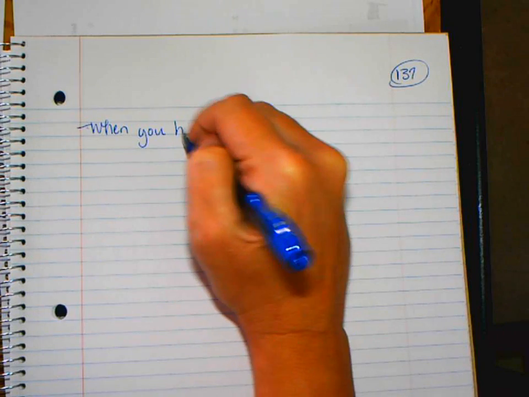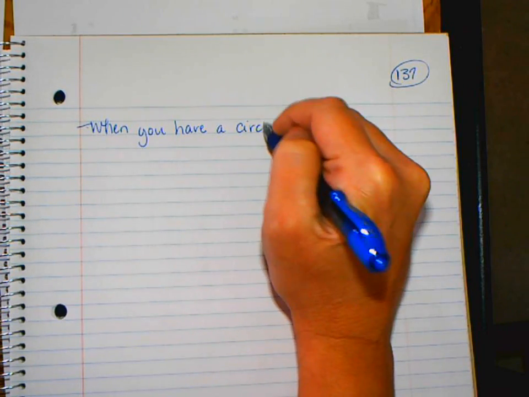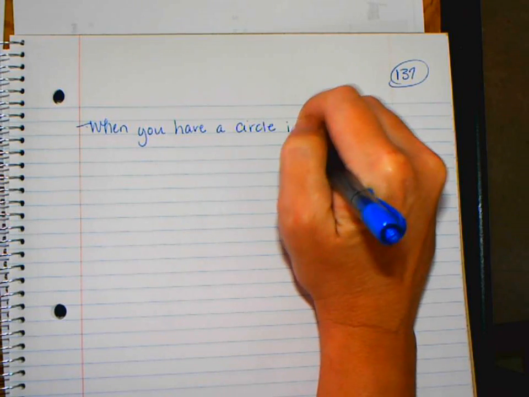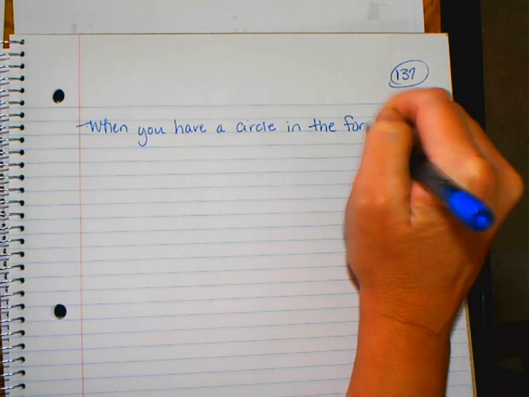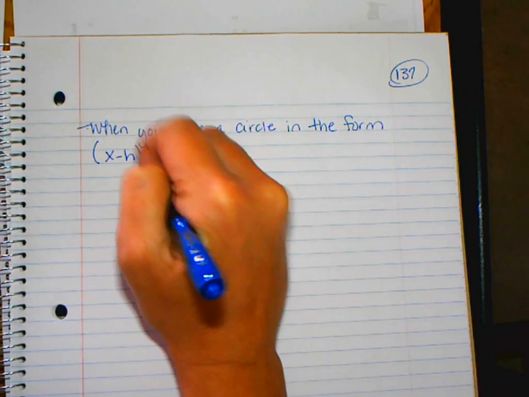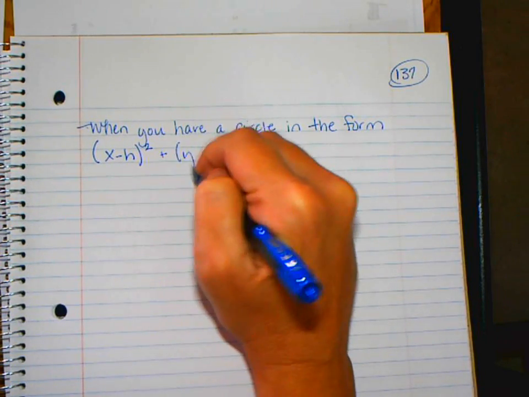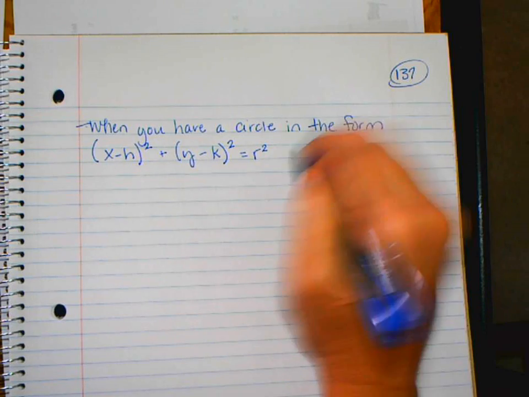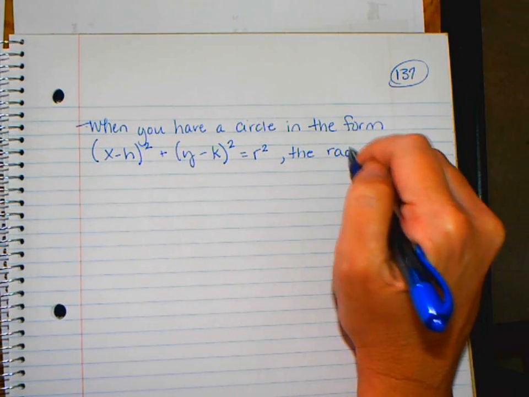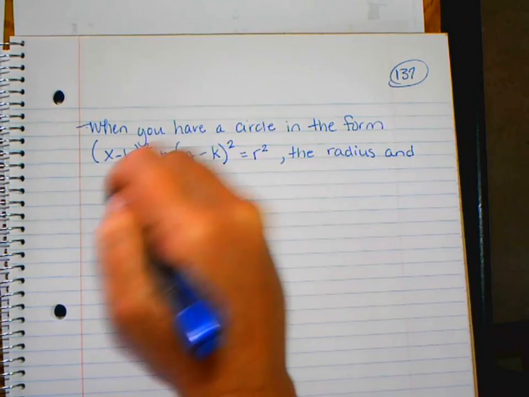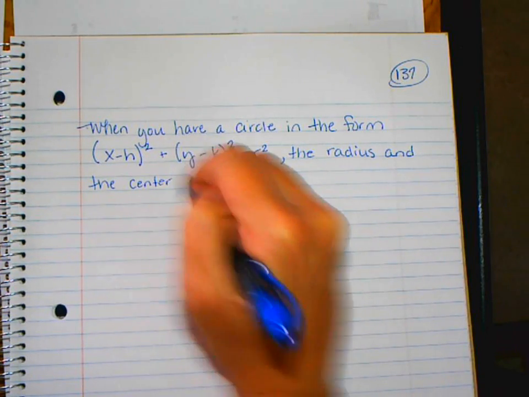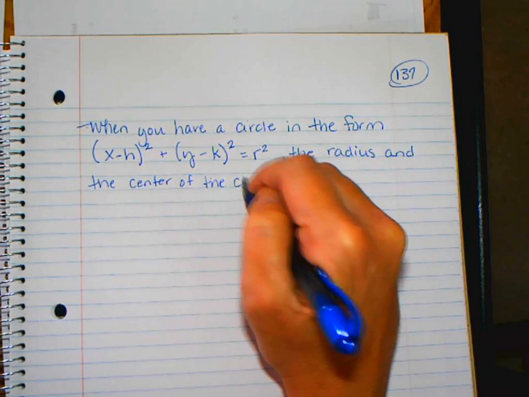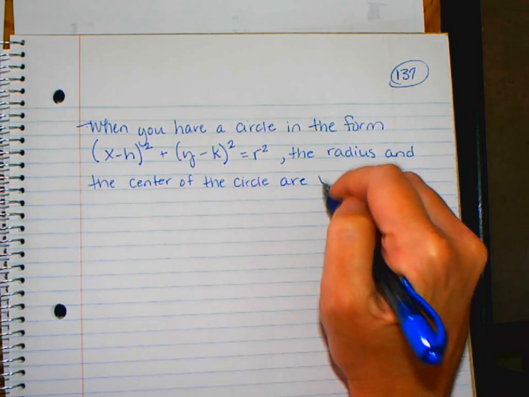When you have a circle in the form x minus h quantity squared plus y minus k quantity squared equals r squared, the radius and the center of the circle are very easy to identify.